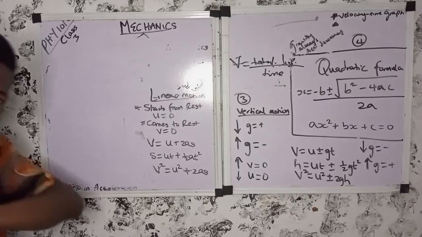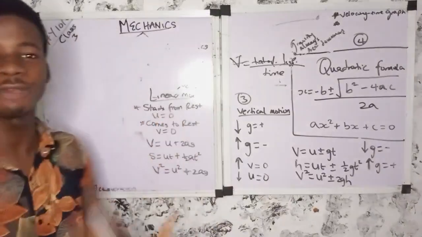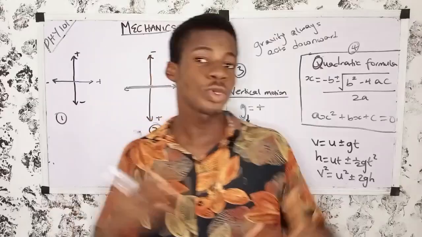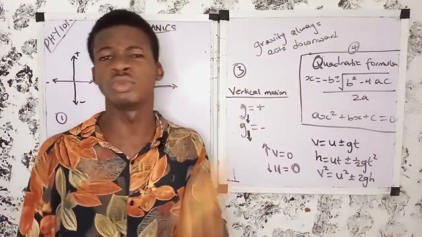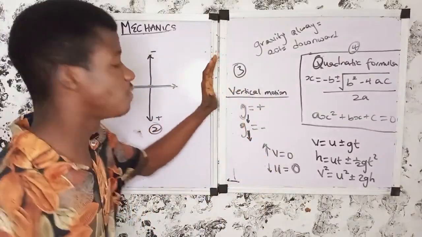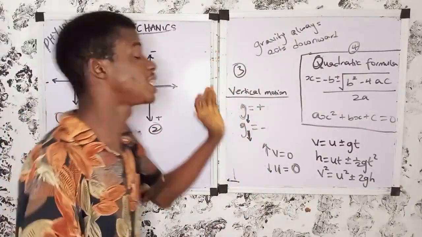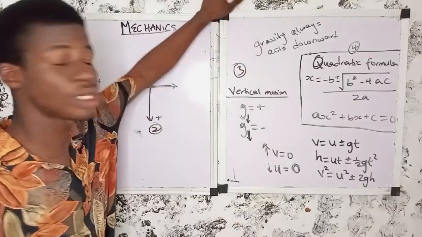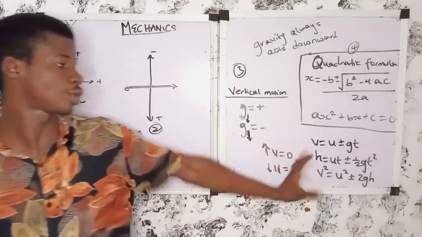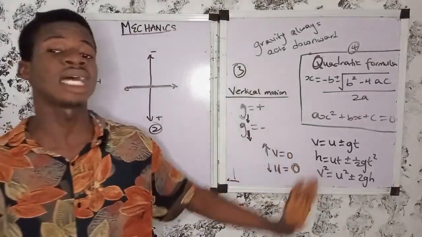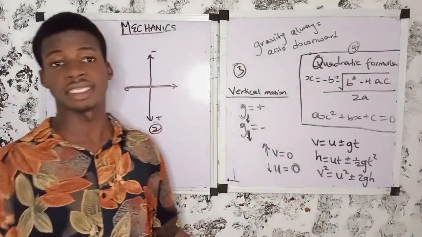Now let's move to the most interesting and confusing part of this. All right, so we continue with the third part, which is vertical motion. Now, what is vertical motion? Vertical motion is just motion that has to do with height. Now, if you look at this part of the ball, let's focus at this very point. Now these are the 3 equations of vertical motion.